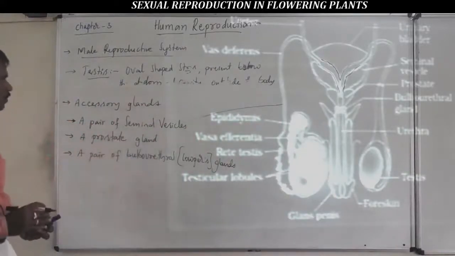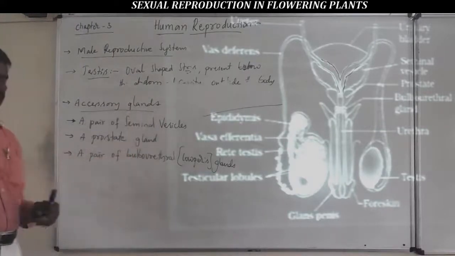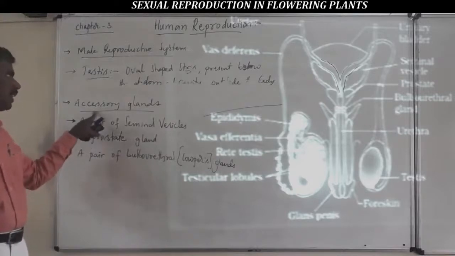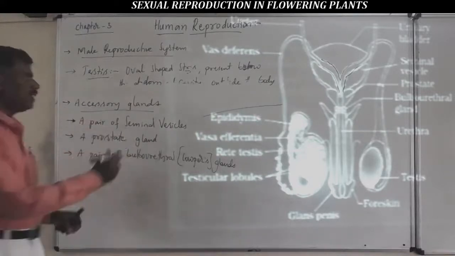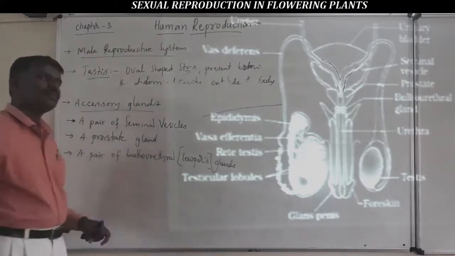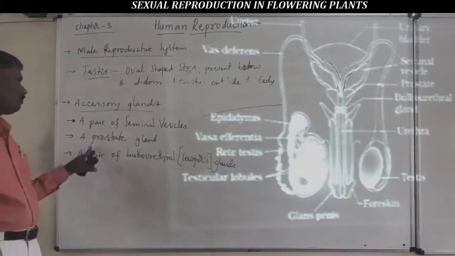Prostate gland. See here, there are three types of accessory glands. A pair of seminal vesicles which are present at the tip of vas deferens.